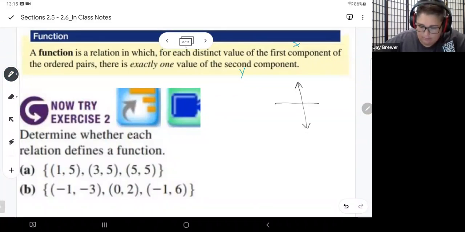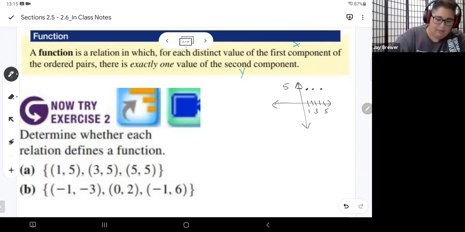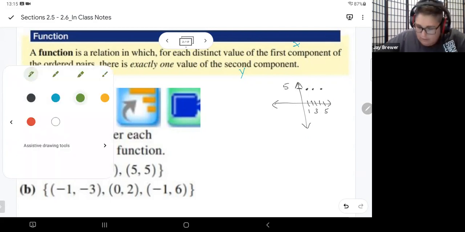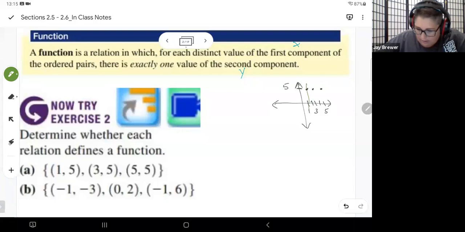Okay, so we have 1 and 5. We're just gonna say that's 5. Okay, then we have 3, 5, and then we have 5, 5. So 1, 3, 5. You can see if we drew a vertical line through each area on the relation, that we actually have a function.